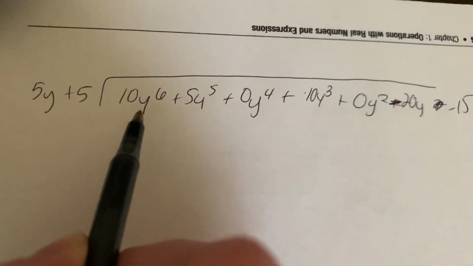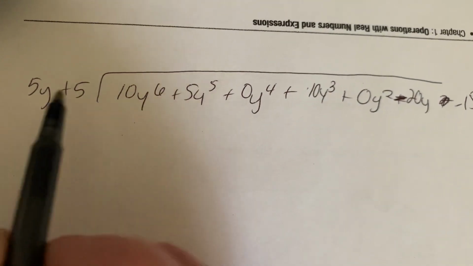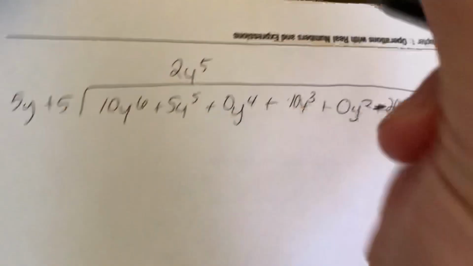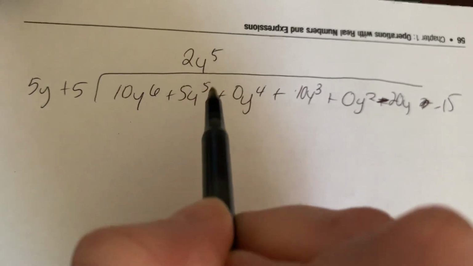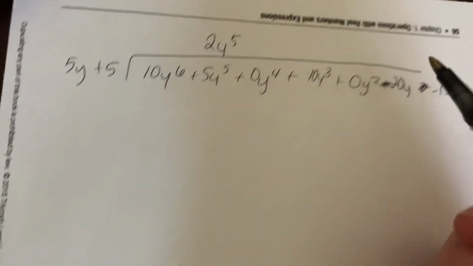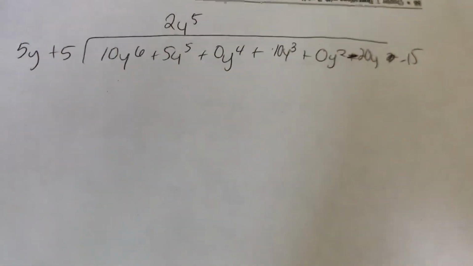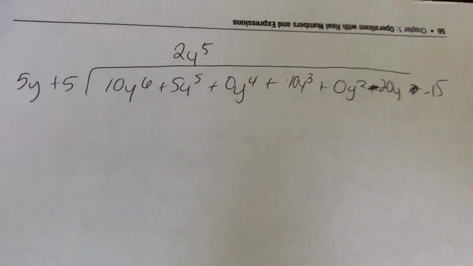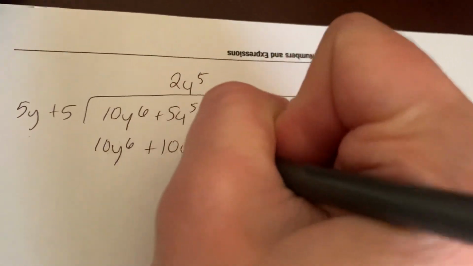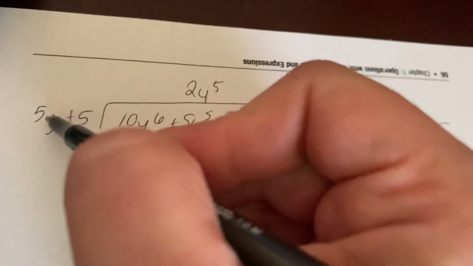How do you get from 5y to 10y to the 6th? You're going to need 2y to the 5th. Do you have to put it smack dab above y to the 5th? No, it's not going to make a difference, but your textbook and your math professors and teachers, it's just for continuity, okay? All right, 2y to the 5th times 5y is 10y to the 6th plus 10y to the 5th, because you have to multiply to both.